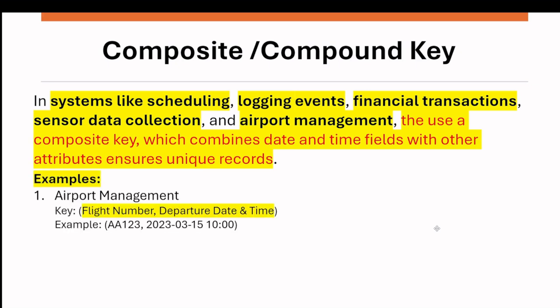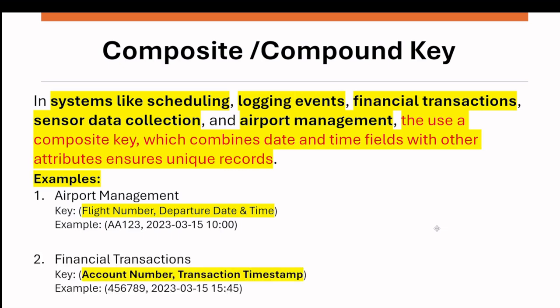A good example is the airport management system. Flight number, departure date, and time will be used in this example as our composite key. For financial transactions, we're going to use account number, transaction number, and the timestamp. So if the account number is that and the transaction number follows with the next number and then the date follows, they are going to put all 3 together to form the composite key for that particular database.